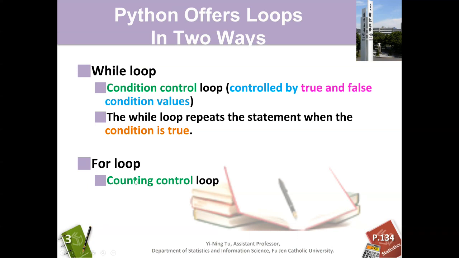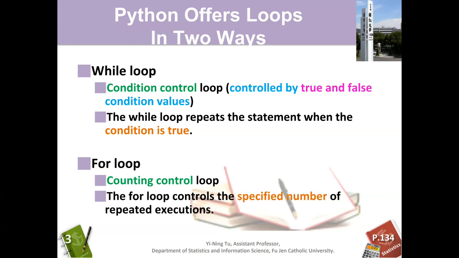It's actually better to use the for loop, because for is easier when you know how many times you have to execute. It will be easier to express. You may use very few instructions to express the same thing. So the for loop controls a specified number of repeat executions.